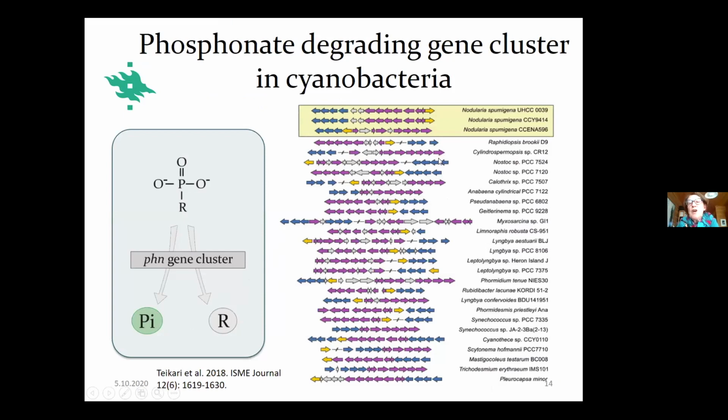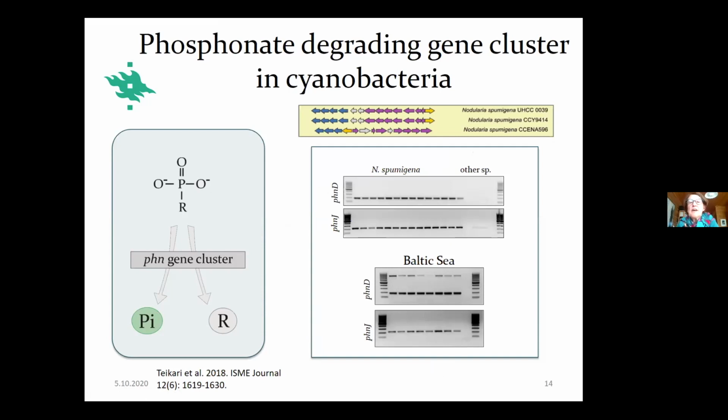We were looking also at other cyanobacteria and found that 5% of all the sequenced cyanobacterial genomes contained these phosphonate-degrading genes. So it wasn't very common.